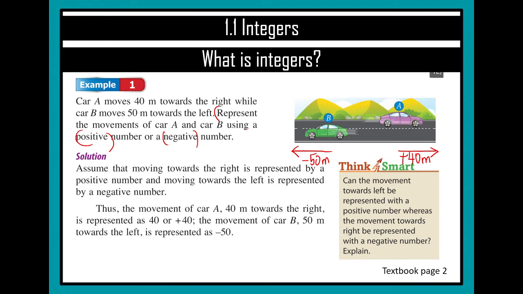For this topic, when the question says positive number or negative number, you must use the positive or the negative sign in front of the number, to indicate whether it is going to the negative side or the positive side. This is how we write the positive and negative representation.